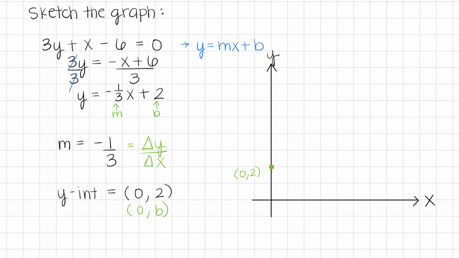So starting from our y-intercept at (0, 2), you would move down negative 1 in the y direction and positive 3 in the x direction. And that's where you can plot the point. And now you can draw your line through those 2 points. And this is your graph of the line y equals negative 1/3 x plus 2.